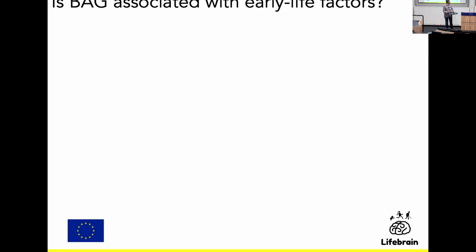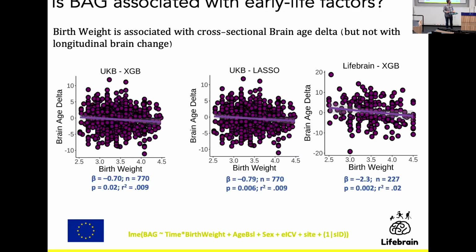Next, we tested whether delta was associated with early life factors supposed to have a quite stable influence on brain structure throughout adulthood. First, we looked at whether normal variations in birth weight were associated with delta, and we found that indeed birth weight was associated with cross-sectional brain age delta.